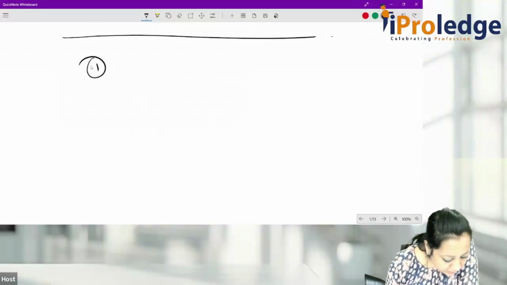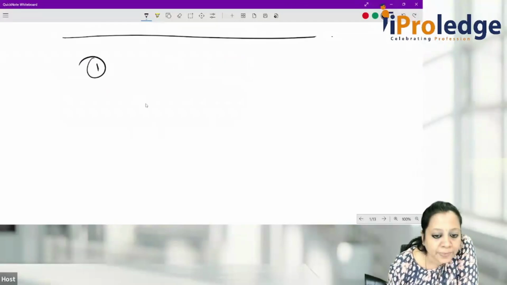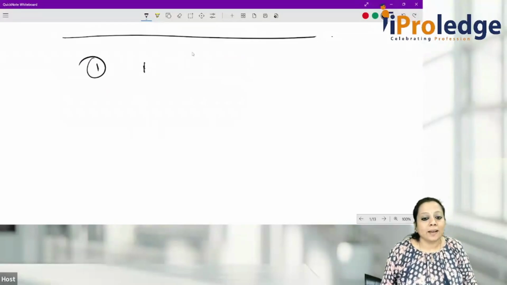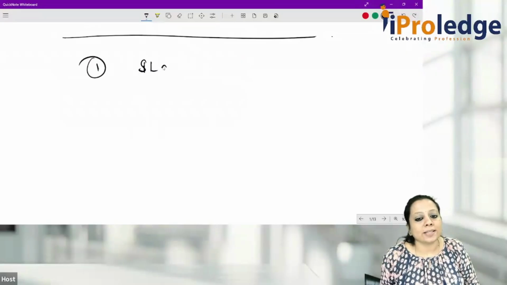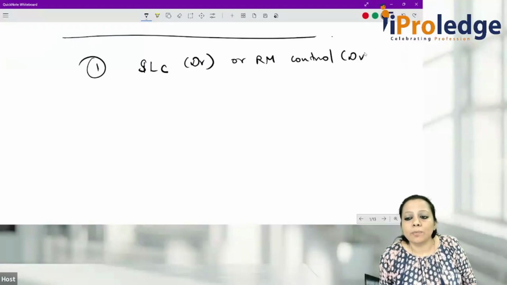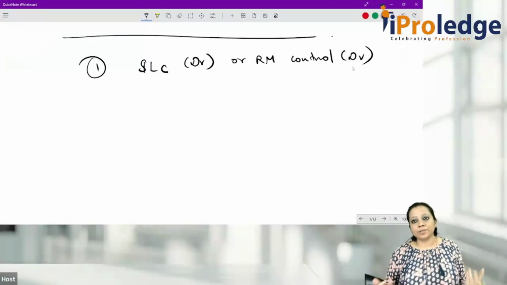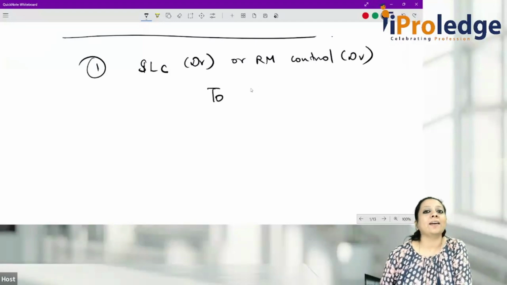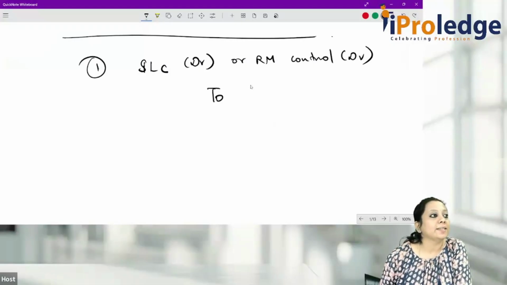We will start. The first one is raw material purchased. Raw material purchased means what is the journal entry? The department receiving will be debited, either stores ledger control account debit or RM control account debit. Both are okay. You can use stores ledger. Two, wherever I can't use financial records, what I will use? GLA, general ledger adjustment.